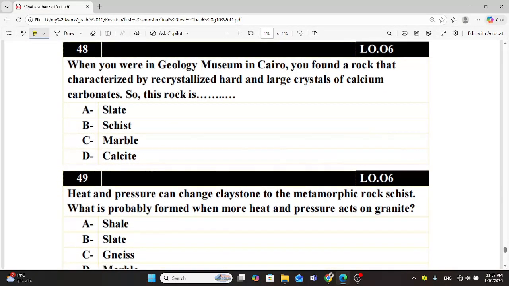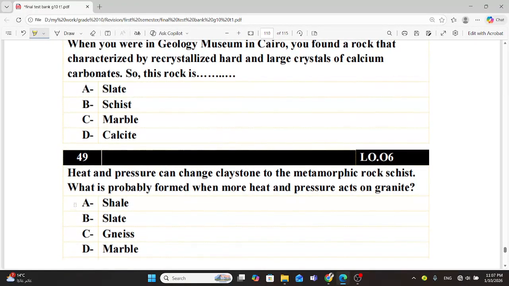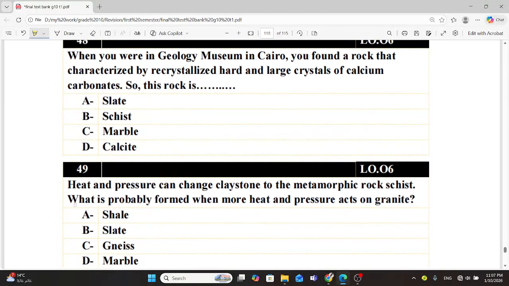So this rock is slate ولا chert ولا marble ولا calcite؟ طبعا large crystals of calcium carbonate ماشي، يبقى دي إيه، و crystallized hard يبقى إيه؟ Marble.